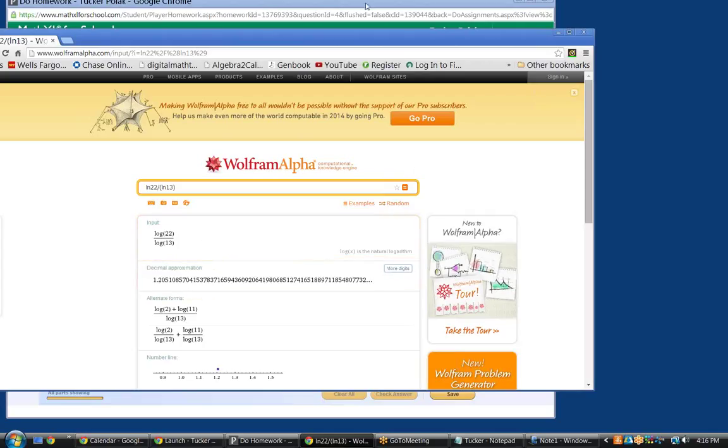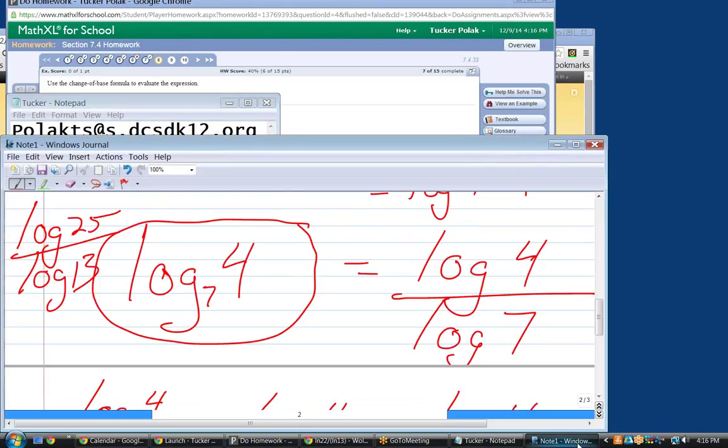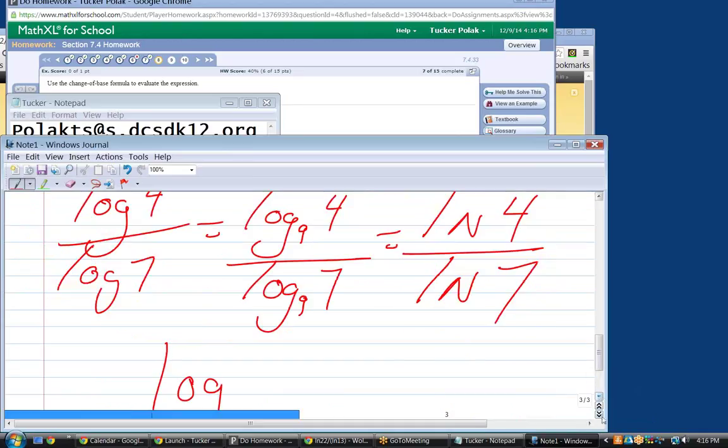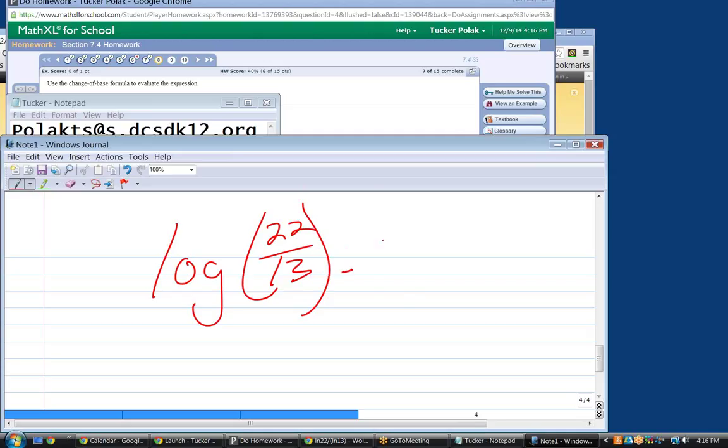In other words, if I said what was the log of 22 divided by 13, notice this is quite different. But this would be equal to the log of 22 minus the log of 13.